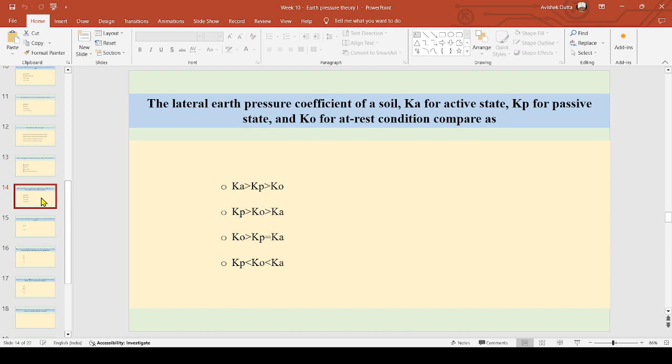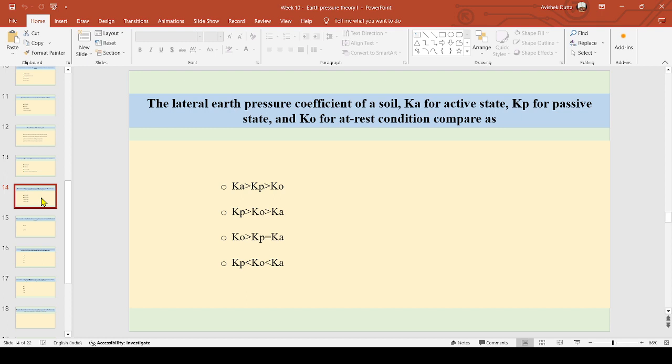The lateral earth pressure coefficient of a soil, Ka for active state, Kp for passive state, and K0 for at rest condition, compare as. What is the relationship between these three coefficients?